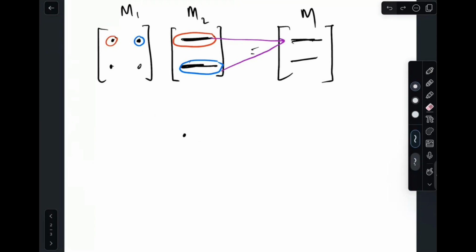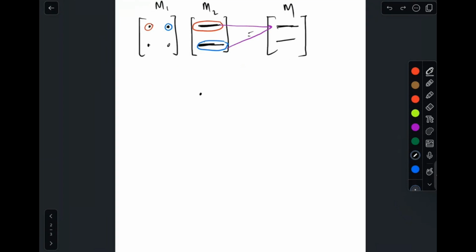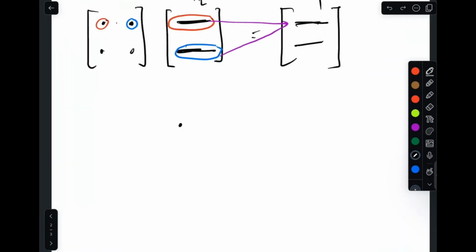So how do you really write this down? Let's now do it for 3 cross 3, because you understood the whole idea and it's generalizable to 3 cross 3. For 3 cross 3, let's do multiplication and addition.